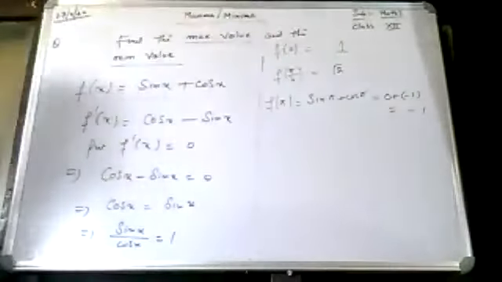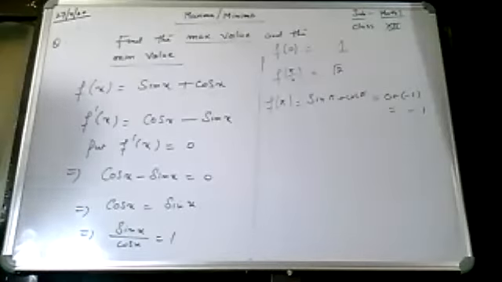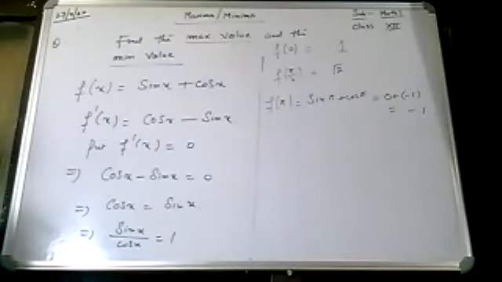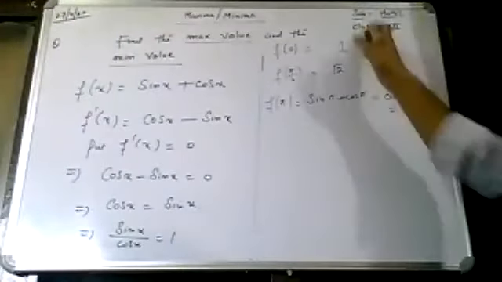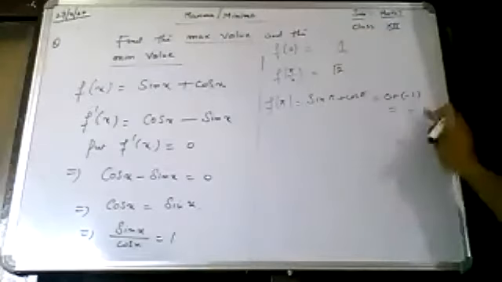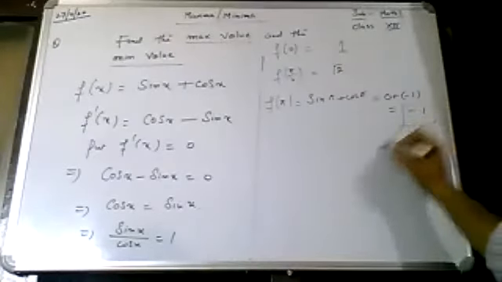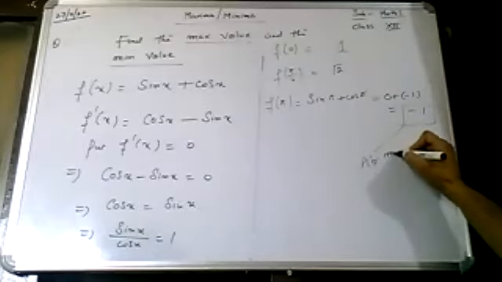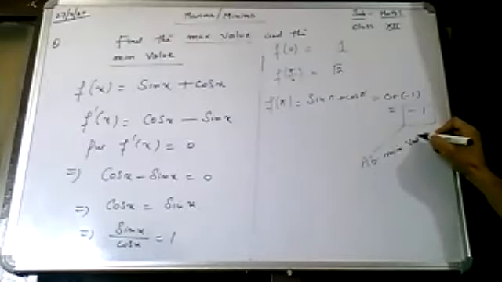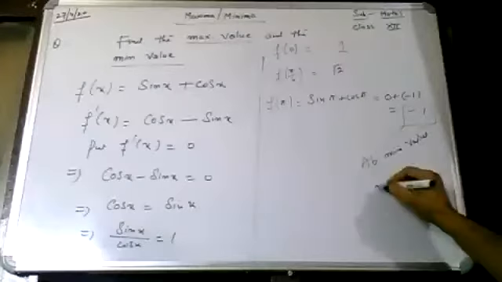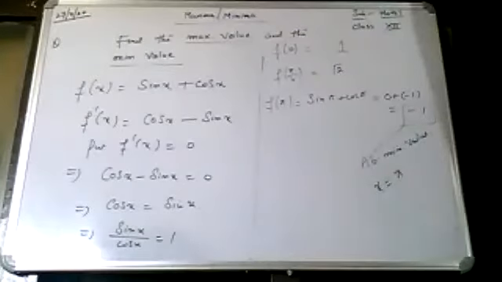Now class, you are supposed to find absolute maximum value and absolute minimum value. कहाँ पे है maximum value? Any one of you, which value is maximum, root 2 or minus 1? So this is absolute minimum value of the function at x is equal to pi. इन दोनों में बड़ा कौन है? Sir, root 2.